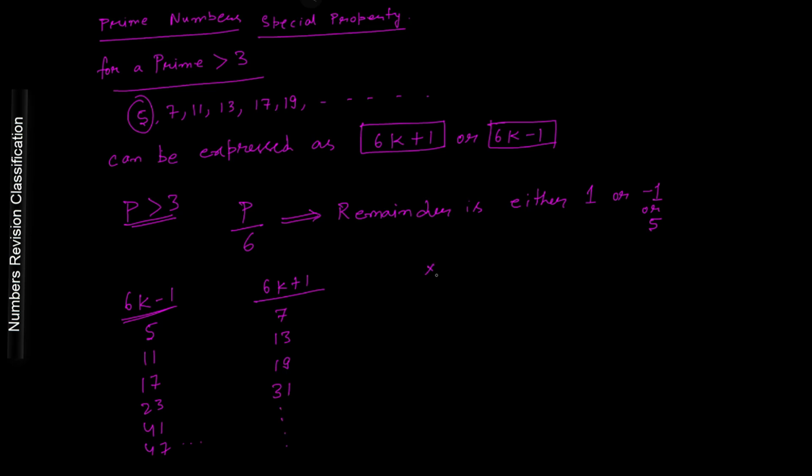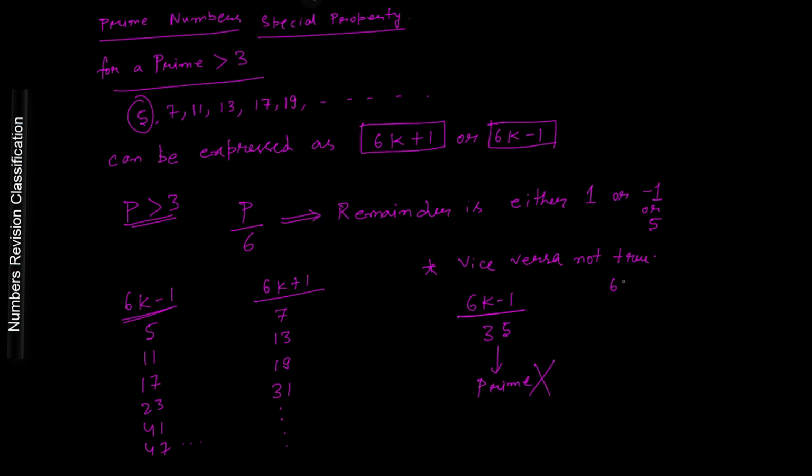Please understand that here the vice versa is not true. What does that mean? If there is a number of the form 6k minus 1, will it always be prime? Just check it. There are certain numbers of the form 6k minus 1, like 35. Will it be prime? No, it is not a prime number.